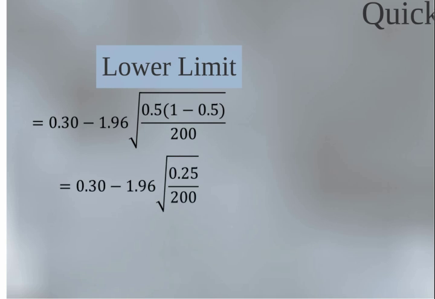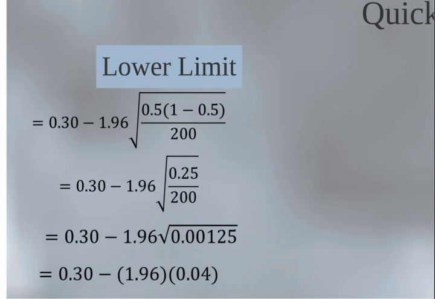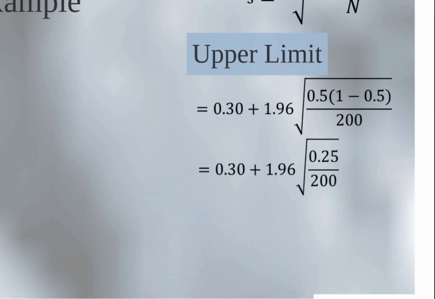Then we just continue to calculate this out, and we will end up with a final score of 22%. And so we do the same thing on the upper limit.